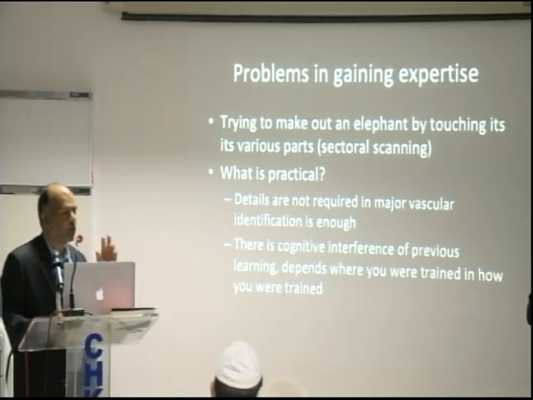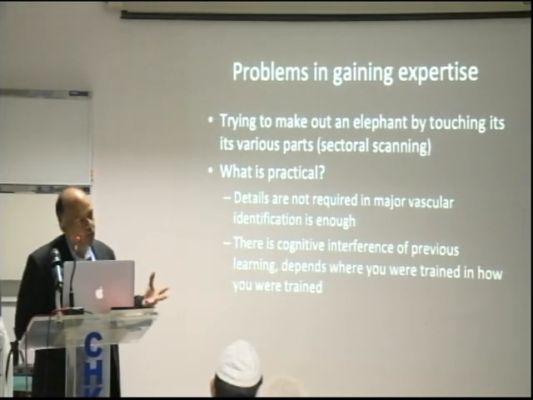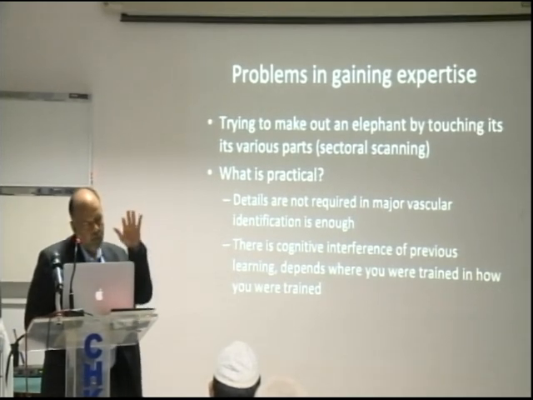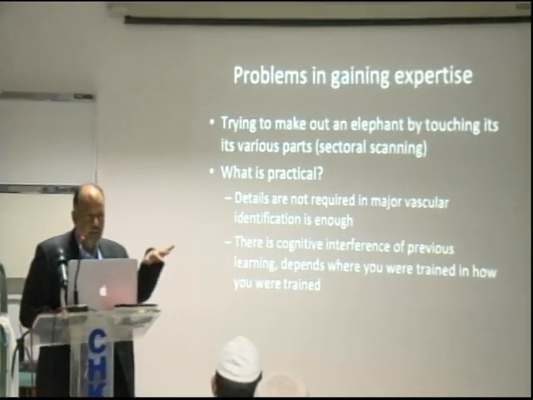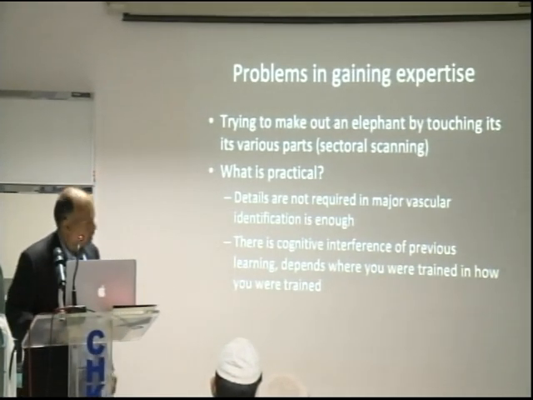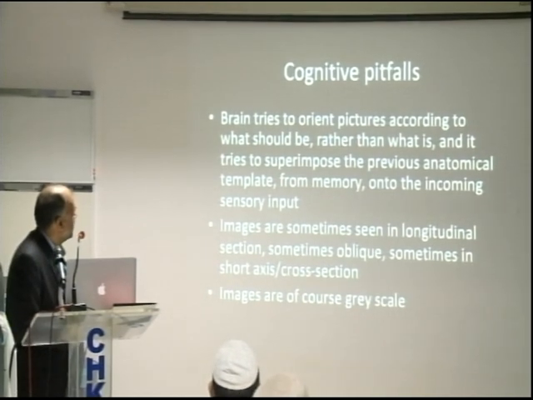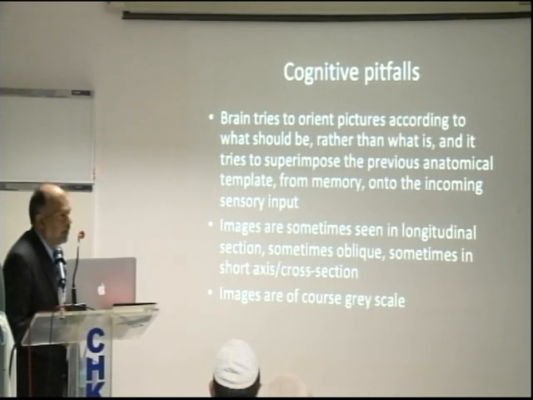So I would emphasize that you need to think about it rather than just looking at the videos. Think about what's happening with the scope, what I'm doing when the patient is lying like this, what is happening here. Your brain tries to orient pictures according to what should be rather than what is.